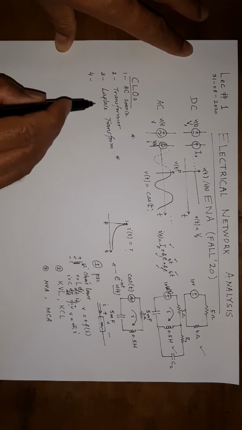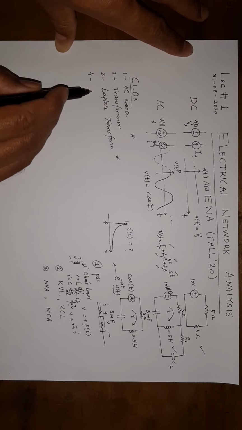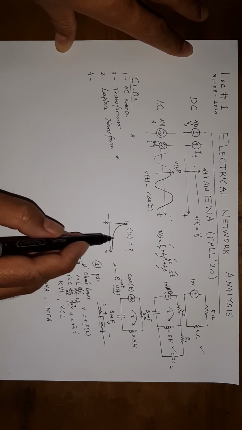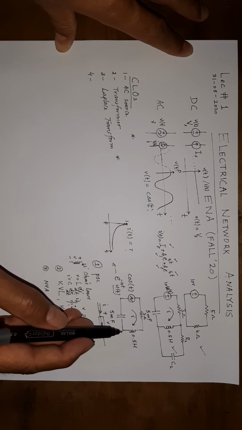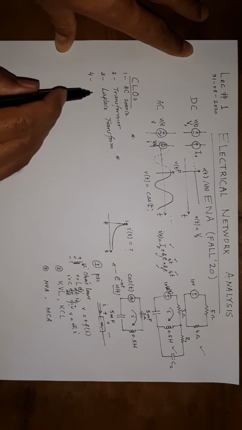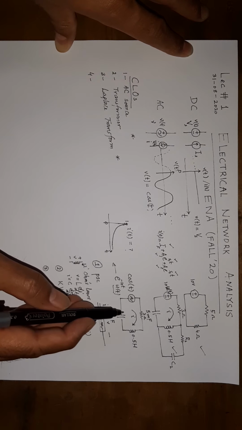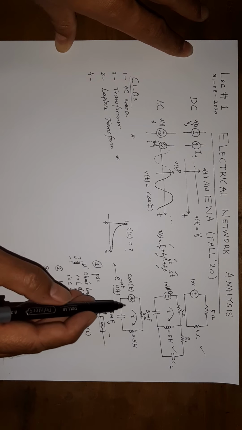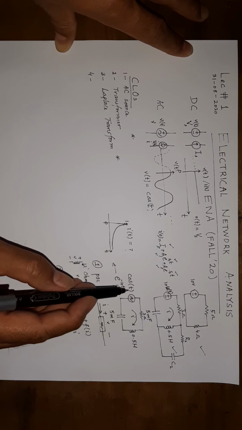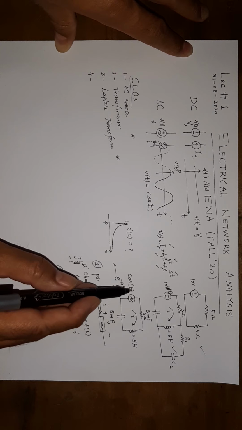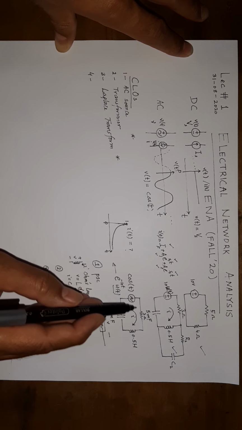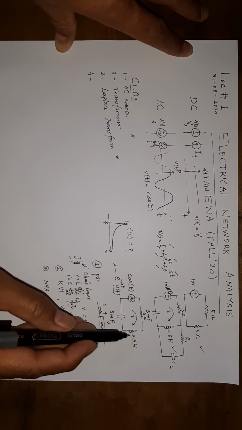And then the 4th CLO is, we have a special type of circuits where, instead of worrying about what is going to happen to the output of a circuit at a certain time, we are more concerned about what kind of input signals or sources get easily transferred to the output and which are blocked.